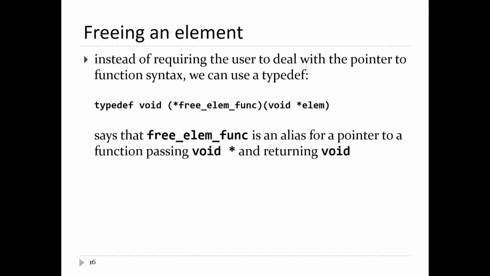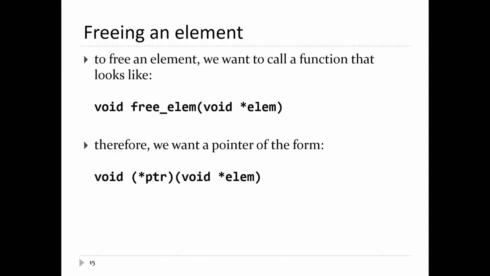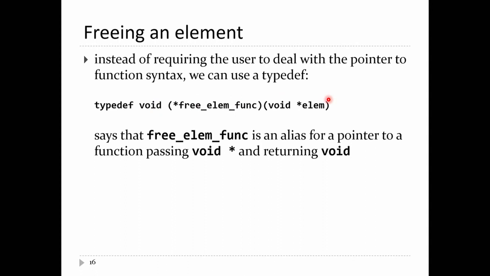Again, I can make a typedef to that function. So just copy all of this, stick it up here. Your typedef name goes there, so instead of the pointer variable name, it's now the typedef name. So this says free elem func is just another name for a pointer to a function that returns void and has void star as its input.